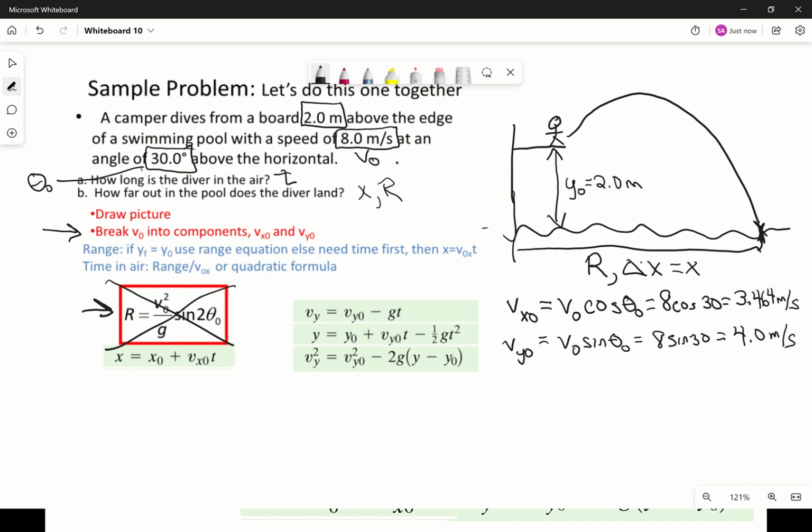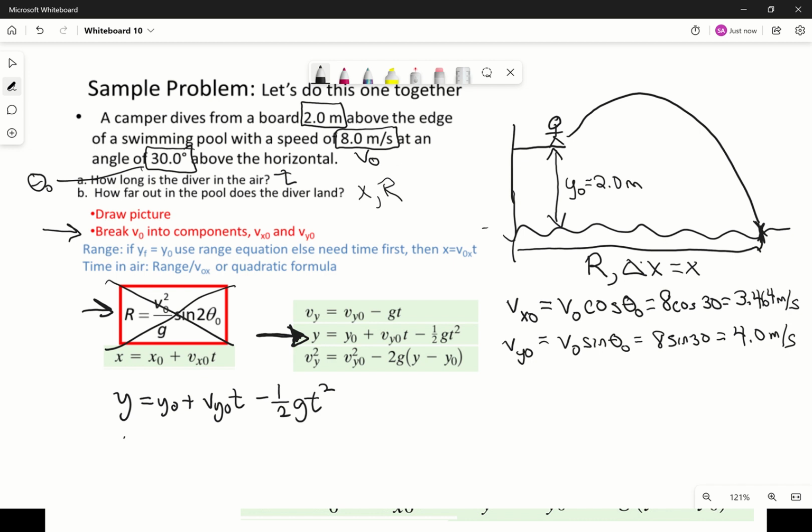So the quadratic formula, I'm going to plug my numbers in to that middle equation for y. So y equals y0 plus vy0 t minus 1/2 g t squared. And we know everything in that equation except for the t, right?